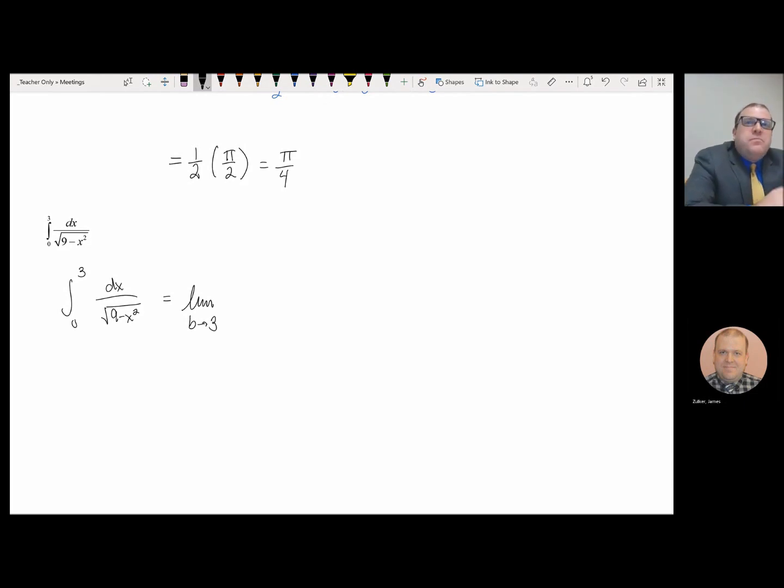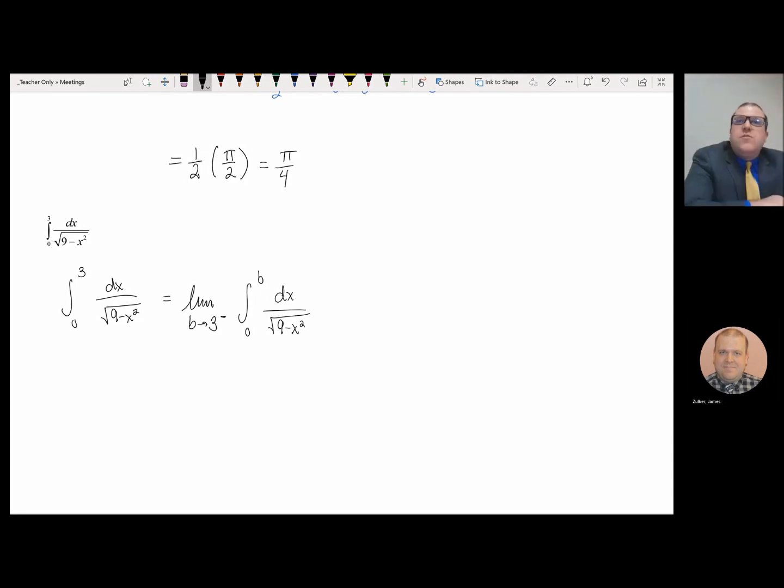But now here's the question. Do we really care about b approaching 3 from both directions? No, right? What direction are we concerned with? From the left, because we're approaching 3 from 0, because it's the upper bound. Once again, if this limit does not exist, then the integral diverges.